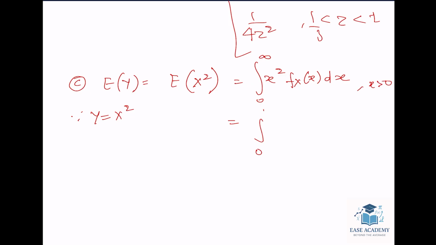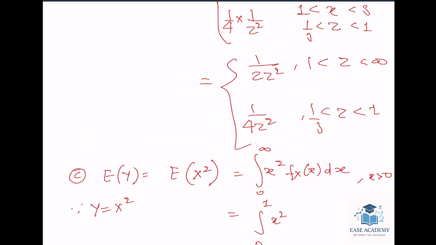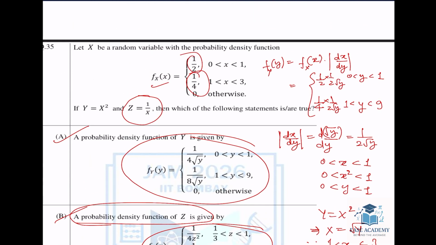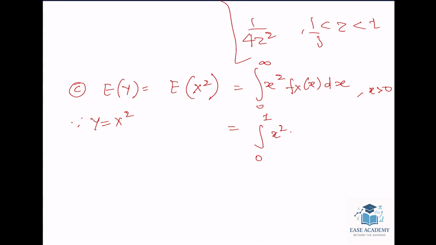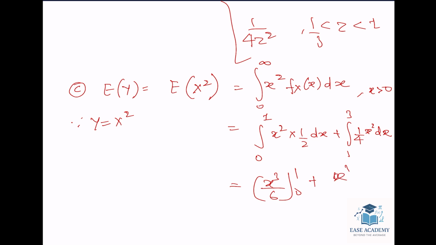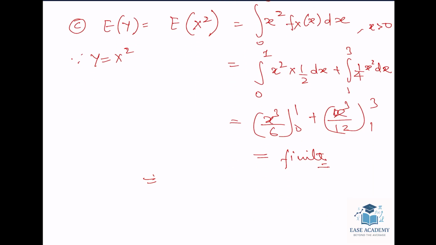Now split from 0 to 1, the f(x) is 1 by 2, so 1 by 2 for x from 0 to 1, that is 1 by 2 dx, plus from 1 to 3, that is 1 by 4x square dx, and this is x cube by 6 from 0 to 1 plus x cube by 12 from 1 to 3. Here we can see it is finite. That means expectation of y is finite.